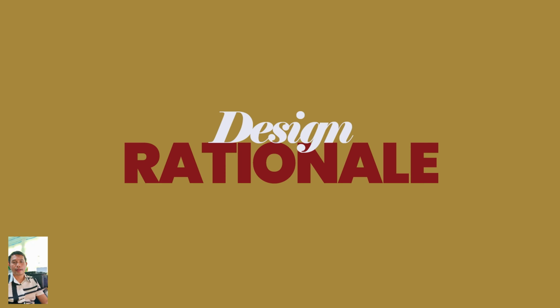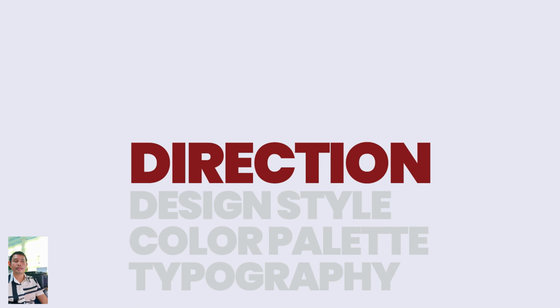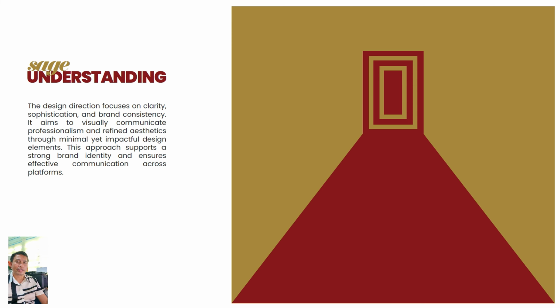So in the actual design rationale, the design direction is, I have chosen from the given file the Sage, which has the sub tagline of understanding, which is also in line with my style of designing, which is giving a clear, clean message.